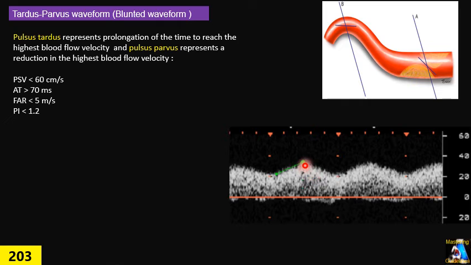This type of waveform we usually see distal to the turbulent blood flow, not at the turbulence. That means we have low resistance and almost laminar blood flow, but low resistance and low pulsatility. And if we see this, 100%, we have to go back proximal to that region and find where the stenosis is.